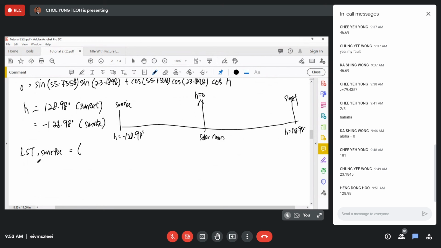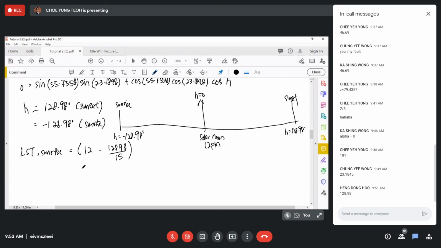128.98. Okay, so for LST at sunrise, we should take the solar noon, 12 p.m. Then you need to minus the angle over here in degree. So 12 minus 128.98 divided by 15.